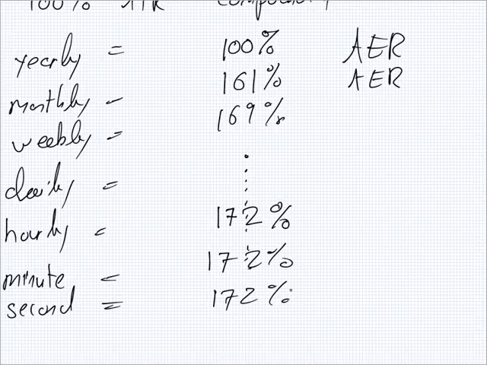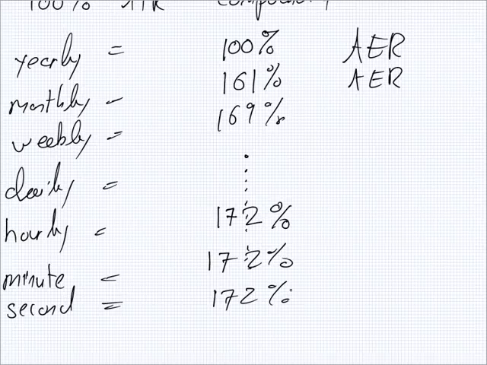Now the reason I did this example was to make an important point with how these compounding problems work. Notice how, as you increase how often you pay, can you see there's a big difference between yearly and monthly? You get a lot more percent AER.